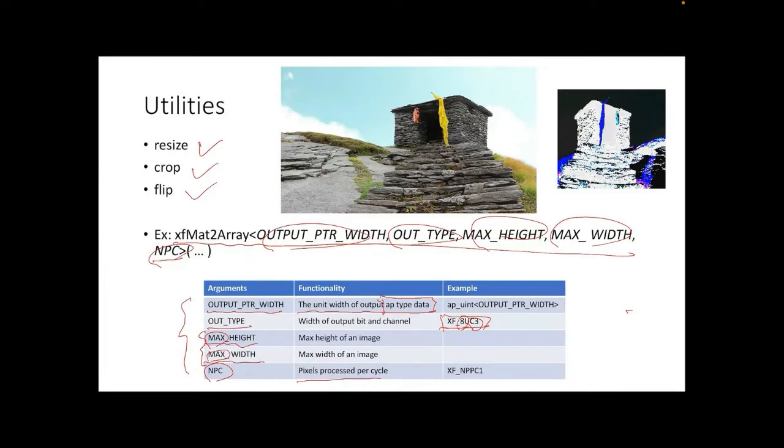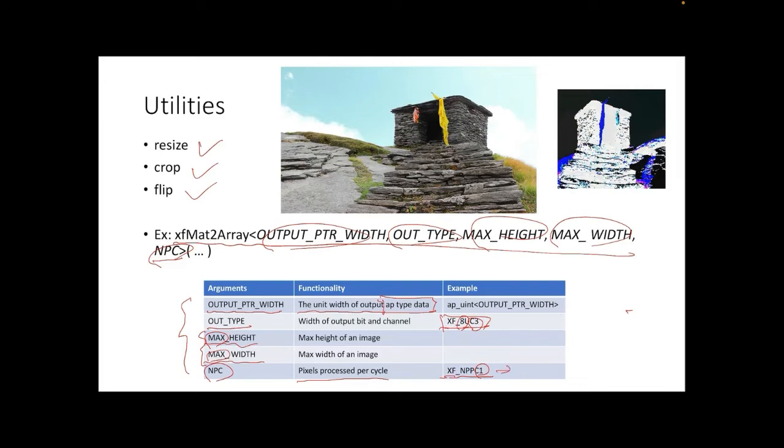The last is NPC, meaning the number of pixels processed per cycle. This means, for example, when you process the image in the kernel between modules, you probably send the data by stream. If the number of pixels processed per cycle is 1, you stream pixels 1 by 1.